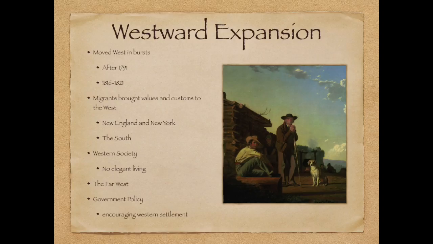So, migrants from New England or upstate New York would settle in northern territories in the West, like Ohio, Indiana, and Illinois, and they also brought their practices with them. They would grow wheat and raise dairy and grow fruit orchards and those kind of things.